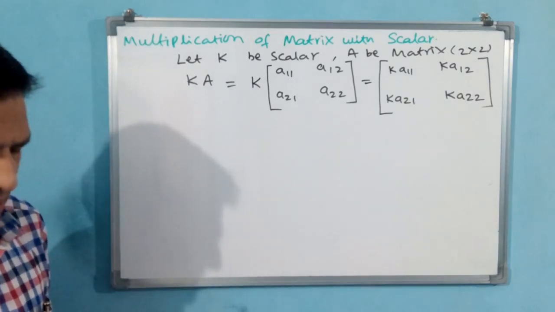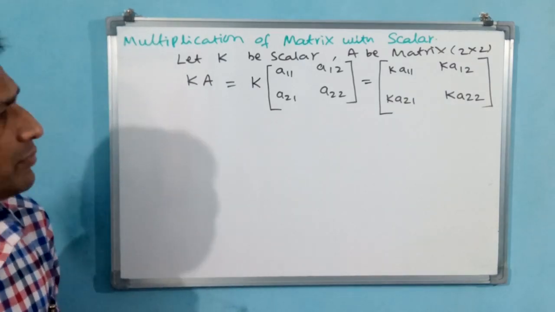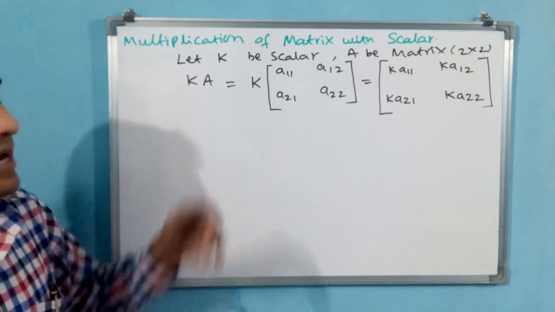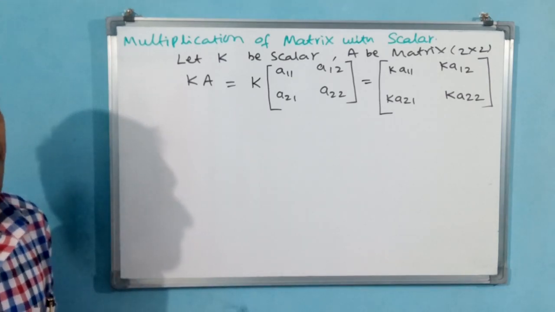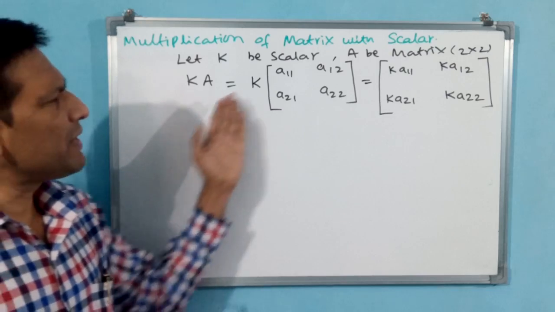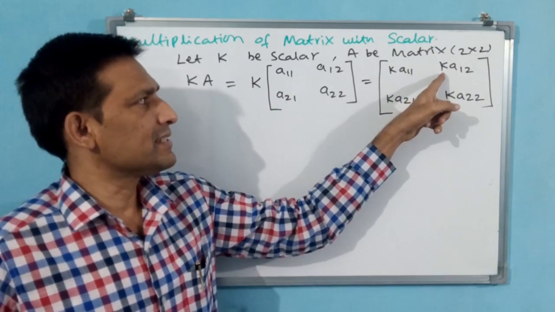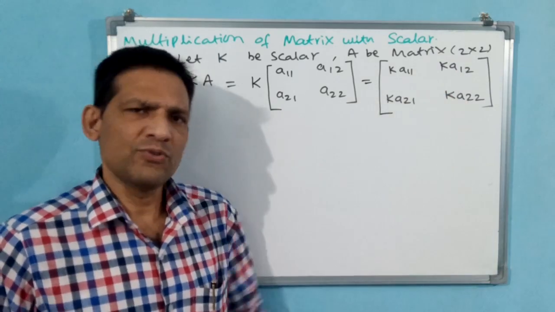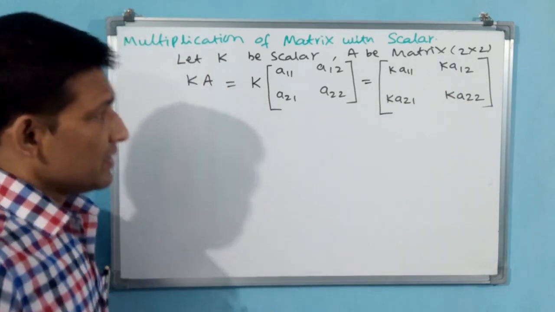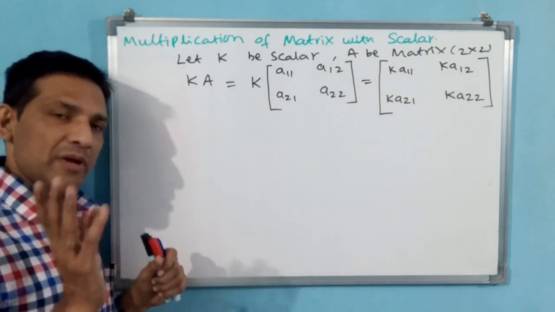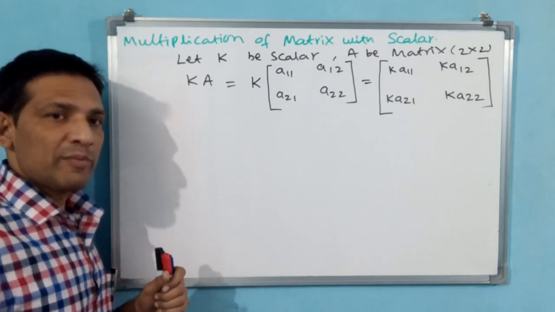Let us take practically one example. See, what if this K is minus 6? Then it is multiplication with minus 6 only: minus 6 A11, minus 6 A12, minus 6 A21, minus 6 A22. That's all. See, scalar we are multiplying. That scalar may be positive or negative, or even scalar may be 0 also.